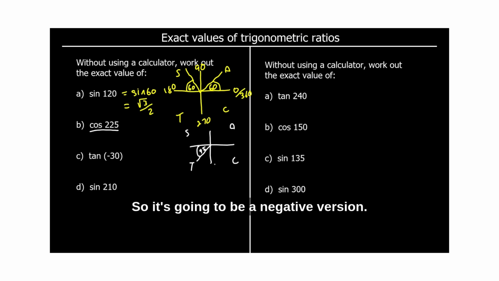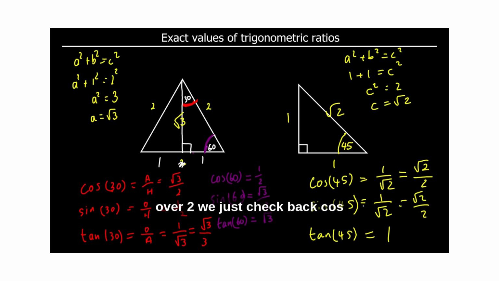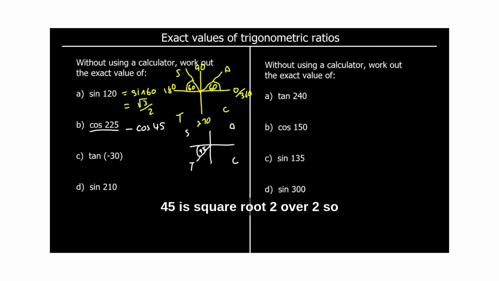So it's going to be a negative version. So it's the same as the negative version of cos 45. And cos 45 was square root 2 over 2. We just check back. Cos 45 is square root 2 over 2. So it's the negative version. So it's negative square root 2 over 2.